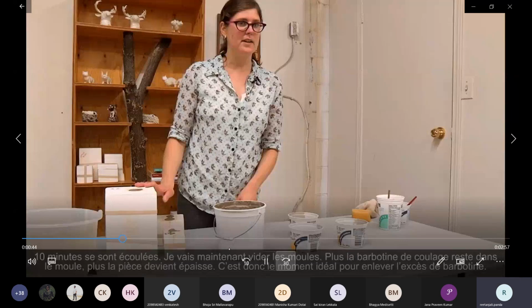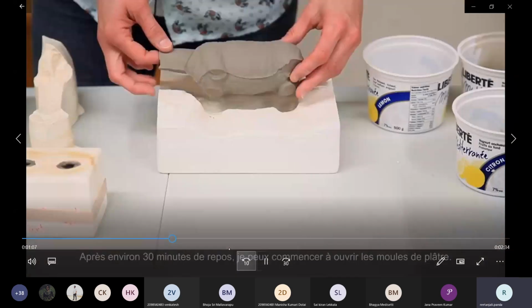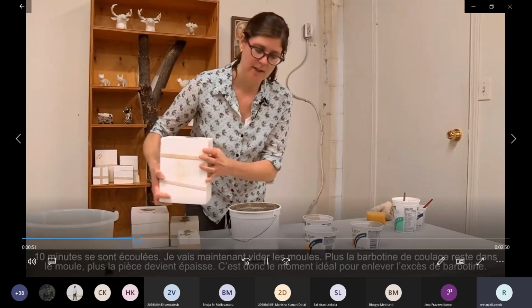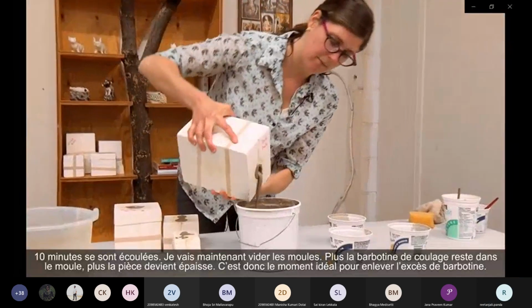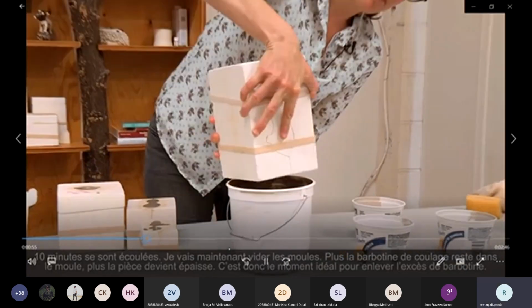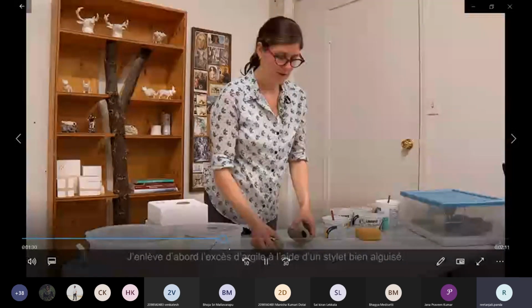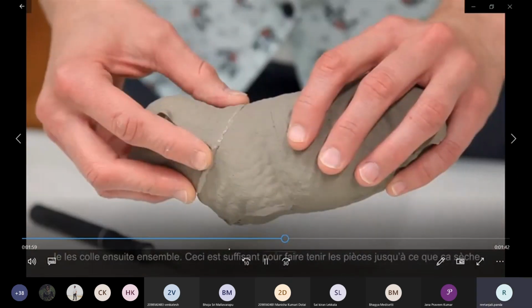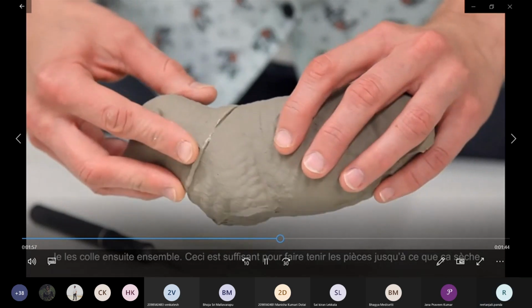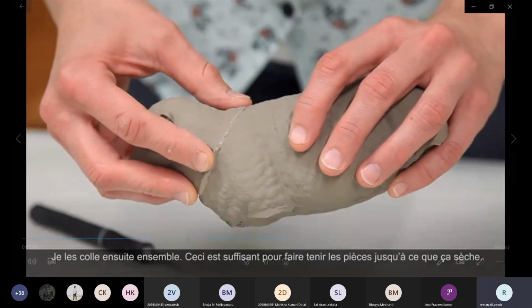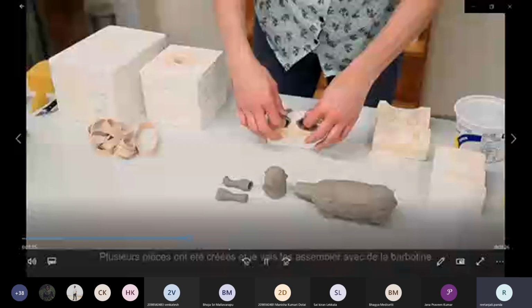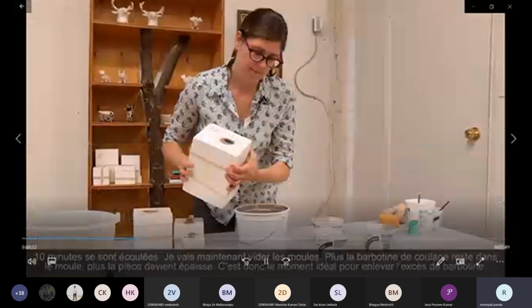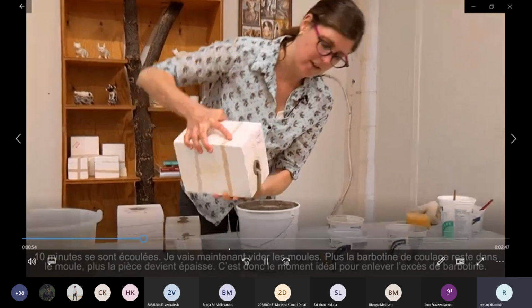Now you can see, this is the mold she took.